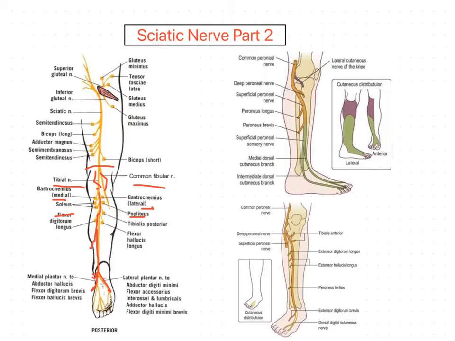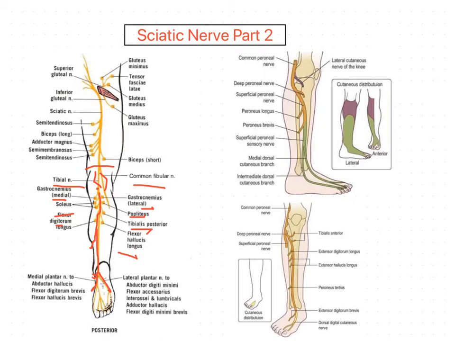In the back of the leg, it gives branches to the soleus again, and flexor digitorum longus, flexor hallucis longus and tibialis posterior muscles. So it supplies almost all the muscles on the back of the leg, both superficial and deep.